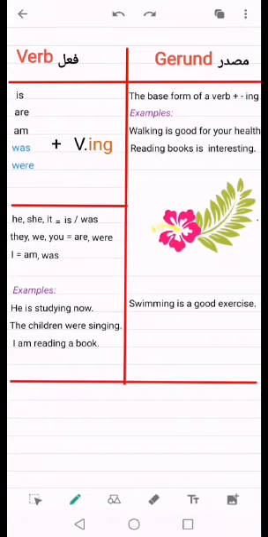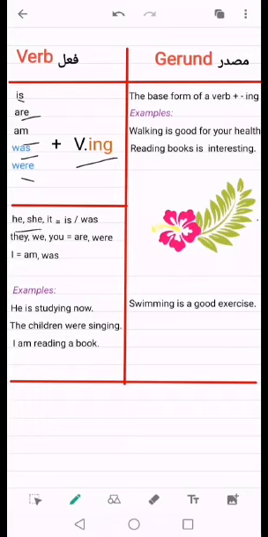Now I will start with the verb. When you see one of these, is, are, am, was, or were plus verb ing, it's a verb. And we have these pronouns, he, she, it.